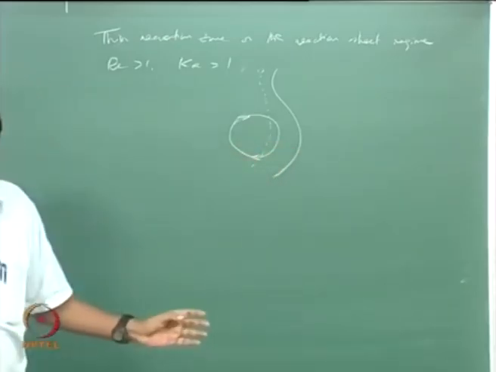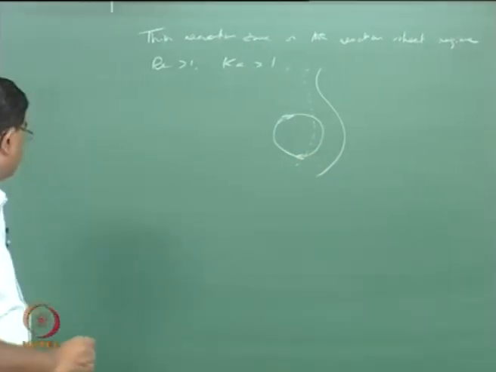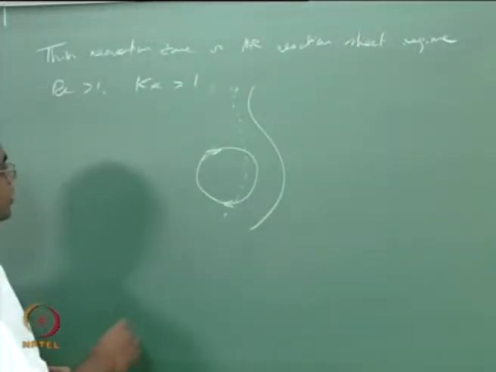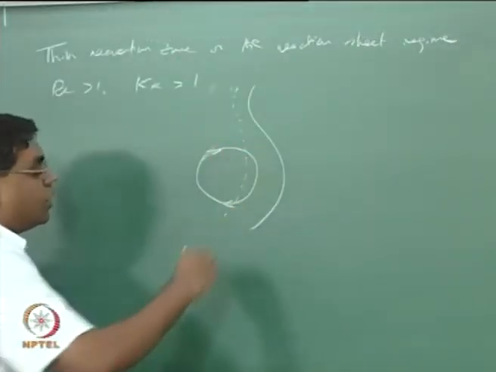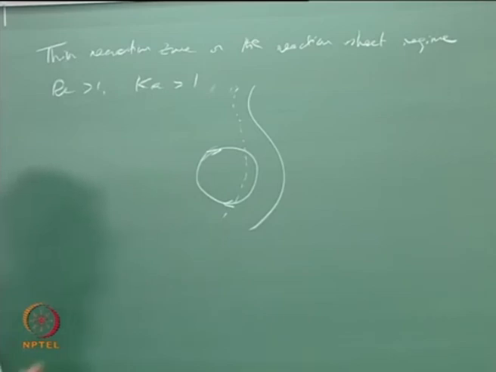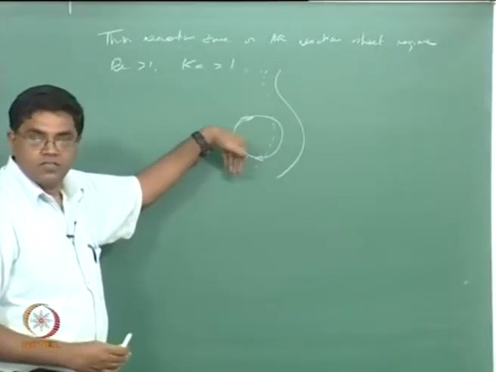Why does the preheat zone thicken? Because you now have a turbulent transport of heat and mass.